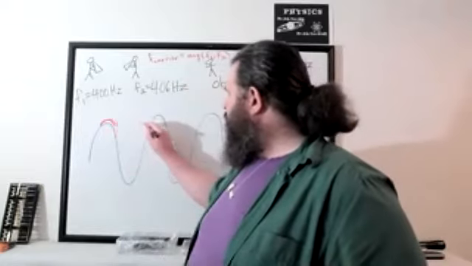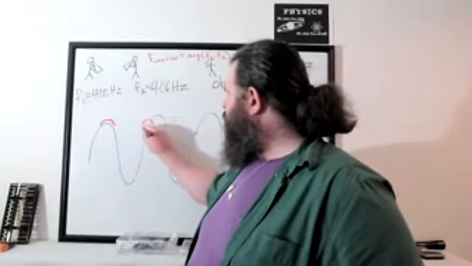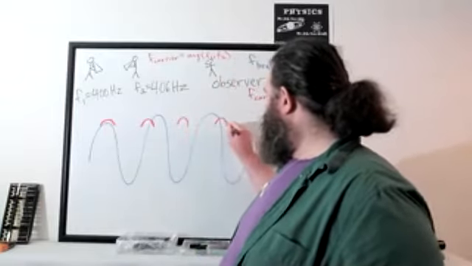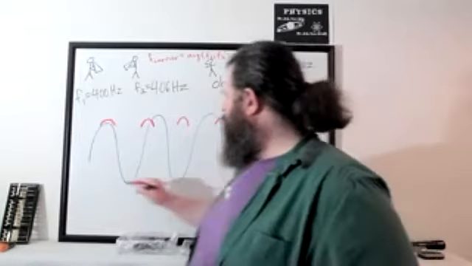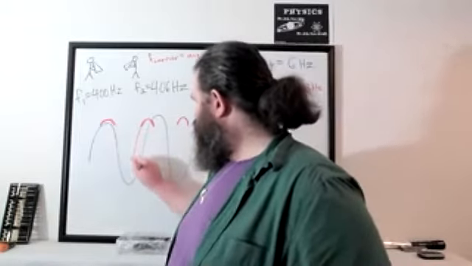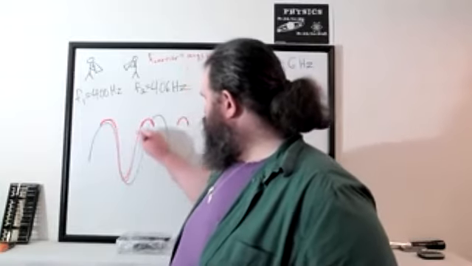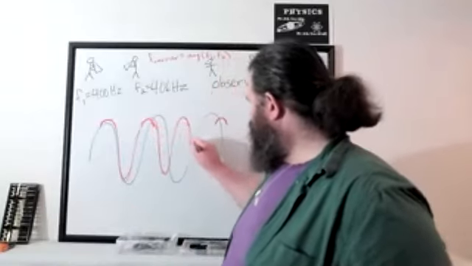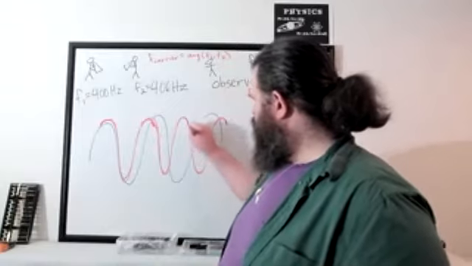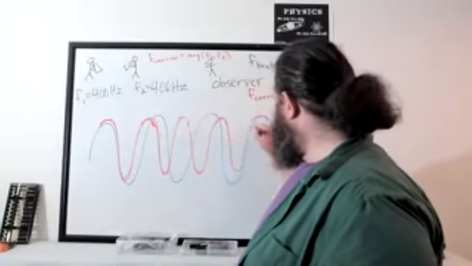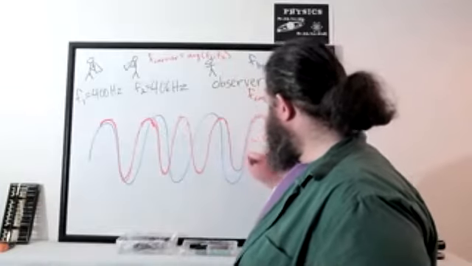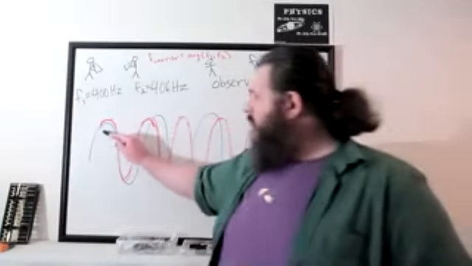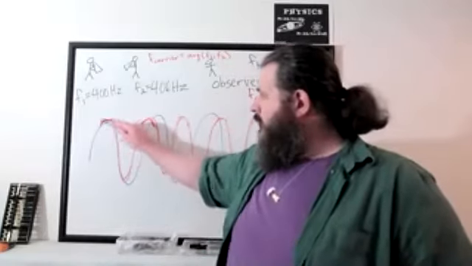But then the other wave has a slightly shorter wavelength. So we have waves that look something like this. They start off in sync with each other. At the beginning, they're both at a crest.